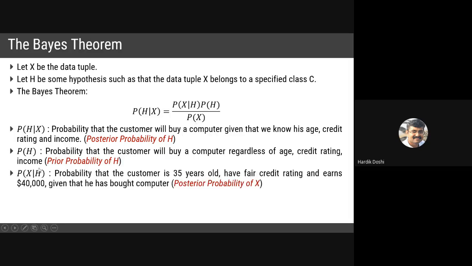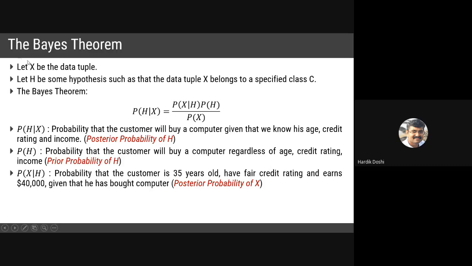And P(X|H) is termed as the probability that the customer is 35 years old, have fair credit rating and earns $40,000 given that he has bought a computer. See over here, given that it is belonging to our training data set.